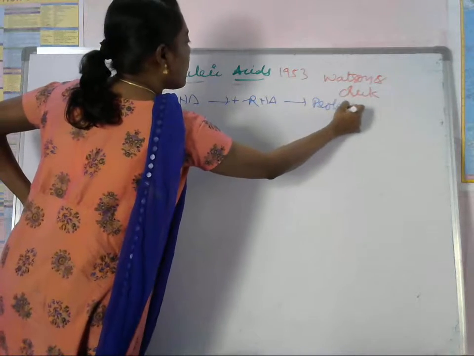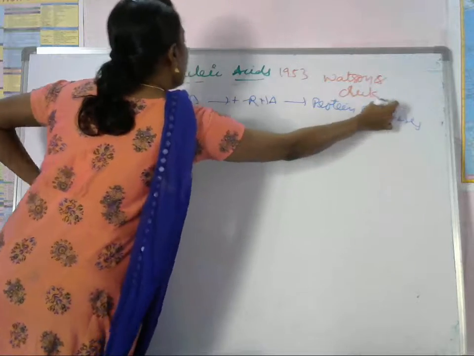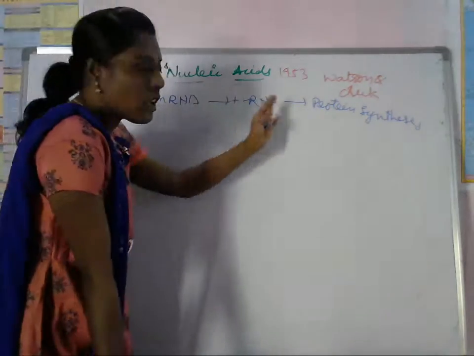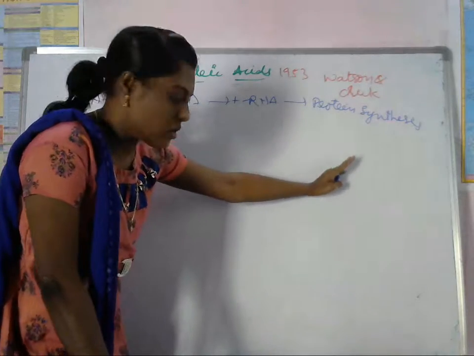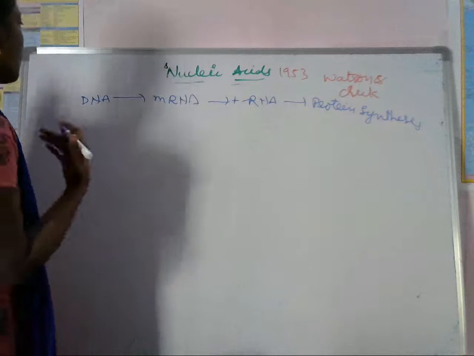So how do we produce proteins? First DNA should produce mRNA. mRNA is converted into tRNA. tRNA will give the protein synthesis. Let's see how protein synthesis proceeds.